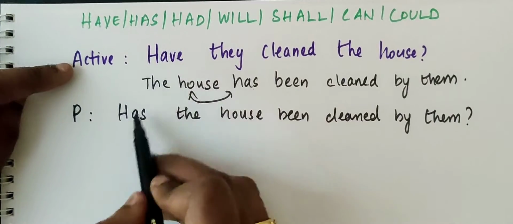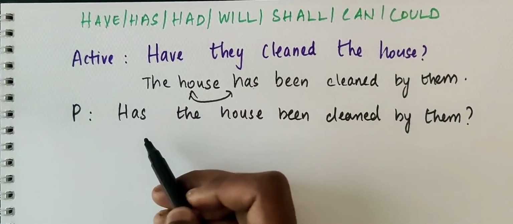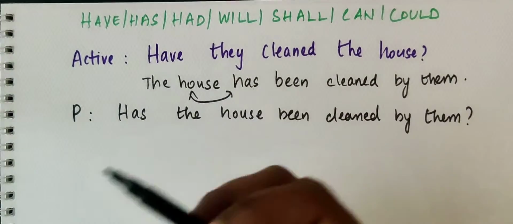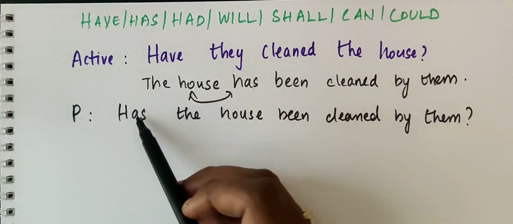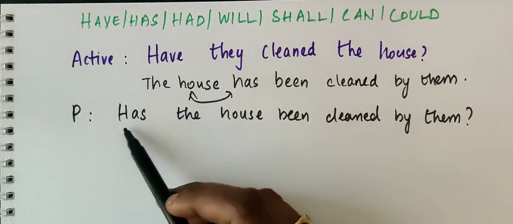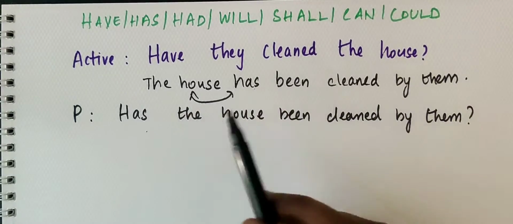If you observe, you will not have the do, does, did in the question, but here you have the has. Instead of have, we are using has because the house is singular and it is present tense.